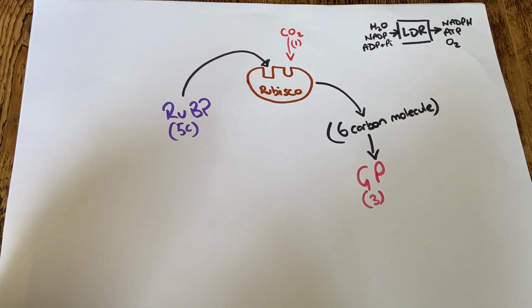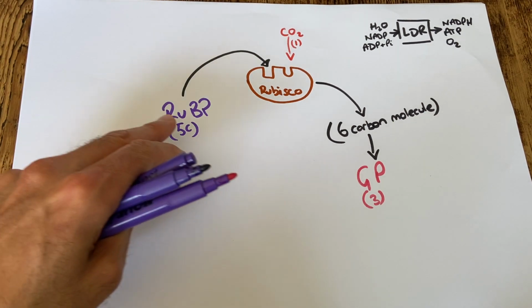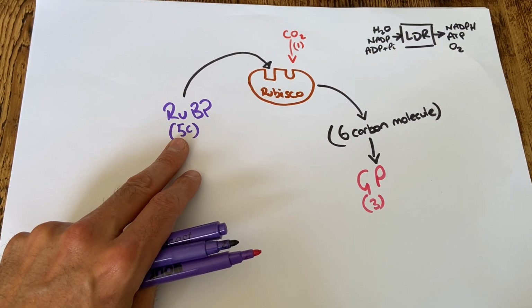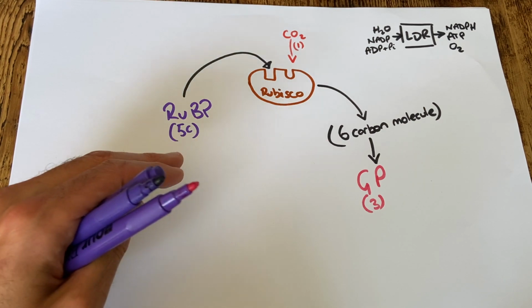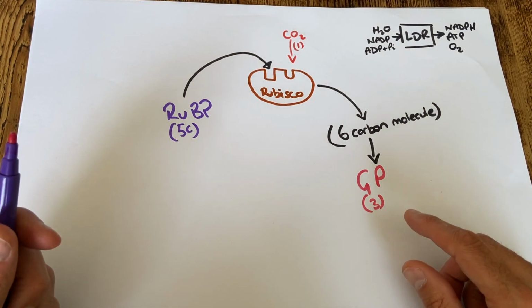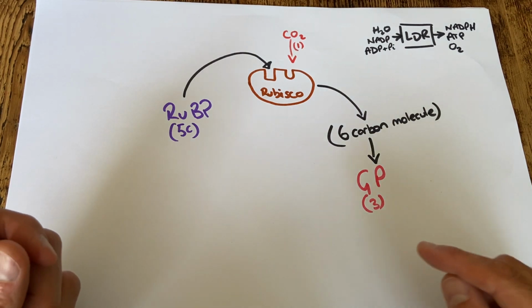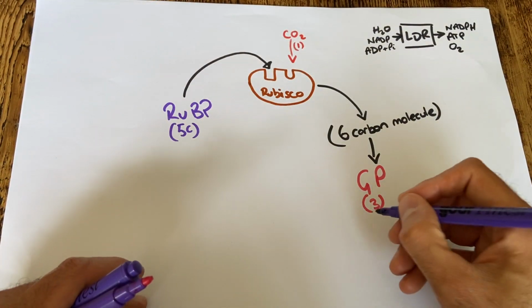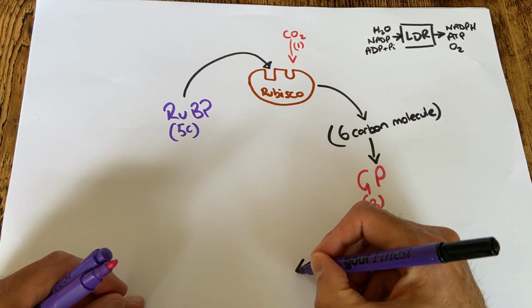Not giving their full name doesn't really matter from my experience of exam questions, but familiarity with their full name is important. So instead of RuBP, you've got ribulose bisphosphate. Instead of GP, you've got glycerate 3-phosphate. Now that in turn is turned into TP.